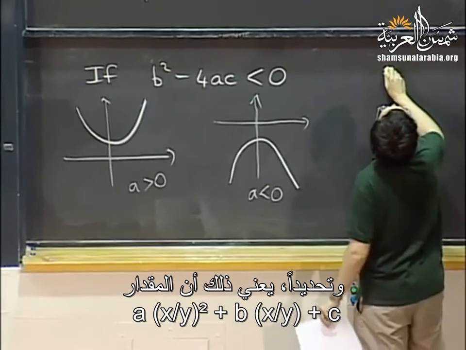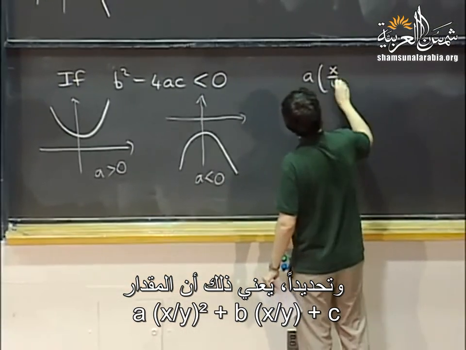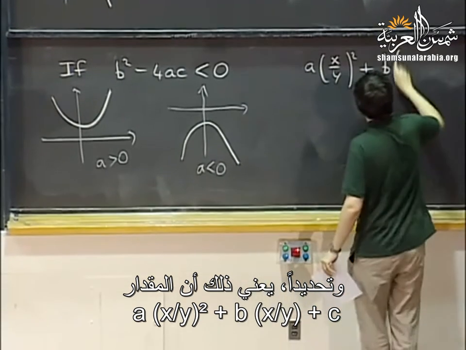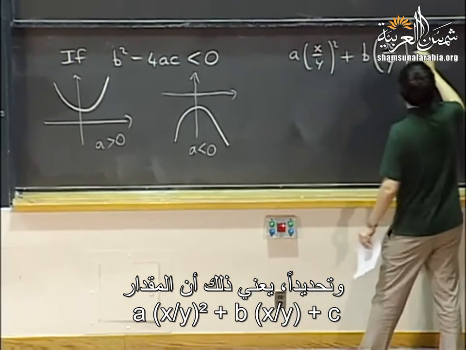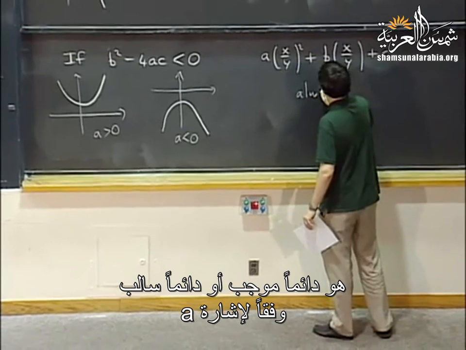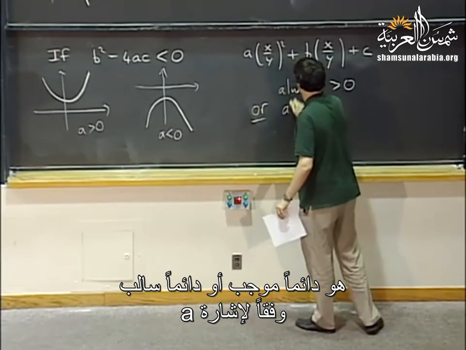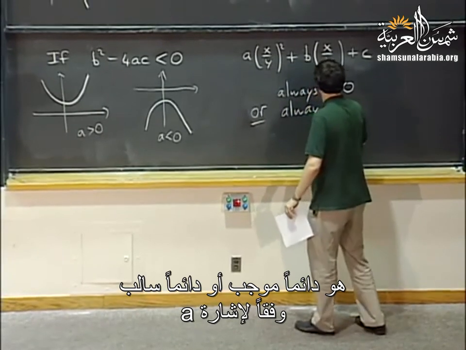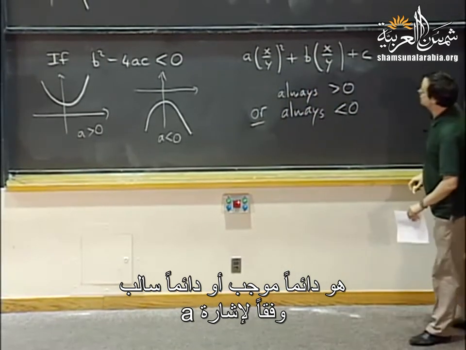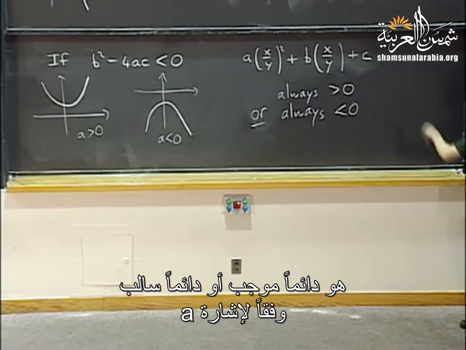So in particular, that means a x over y squared plus b x over y plus c is always positive or always negative, depending on the sign of a.